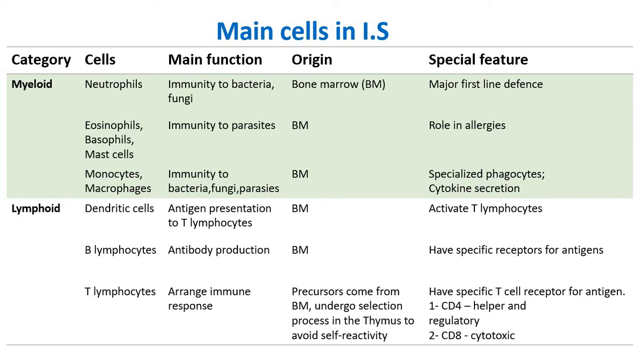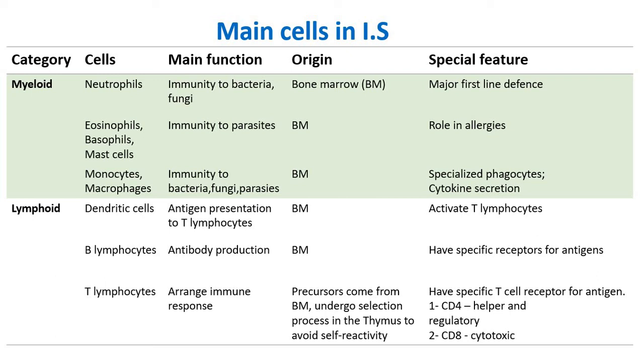They also originate from bone marrow, and these cells are specialized phagocytes, and they are involved in cytokine secretion too. So all the myeloid cells originate from bone marrow, and they basically go with the innate immune system.